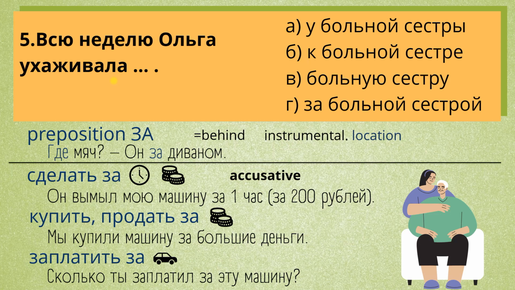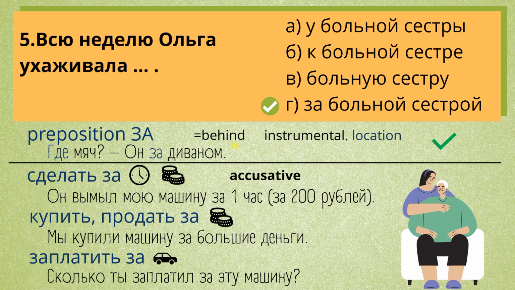Think about this as she was behind this person. So Olga ухаживала за, she was behind, not paying, not selling, not any other things, not doing something for money or for time. Nope. She was behind. And она ухаживала за больной сестрой.